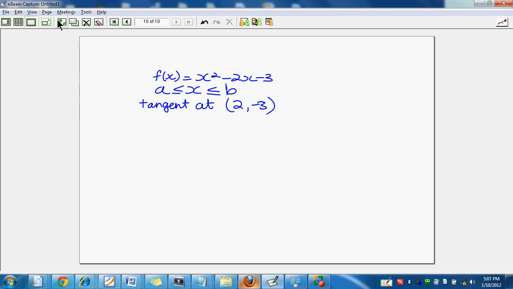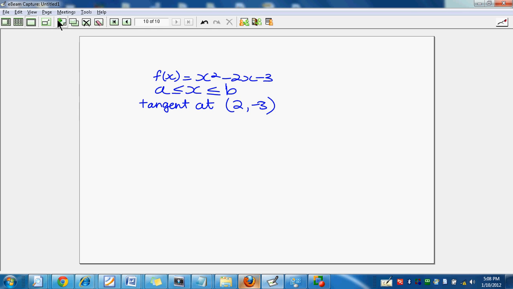That's B. C. Coordinates of the minimum point on the graph.